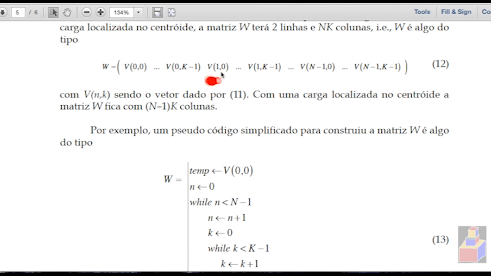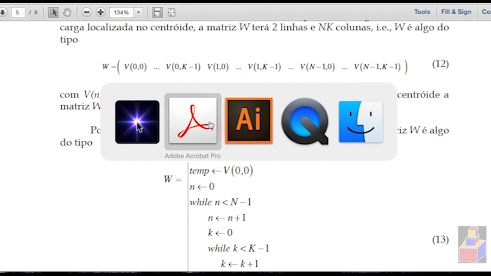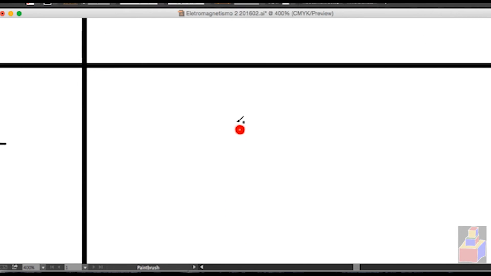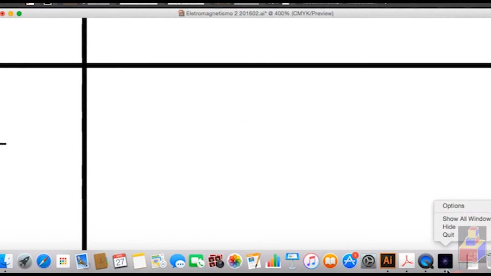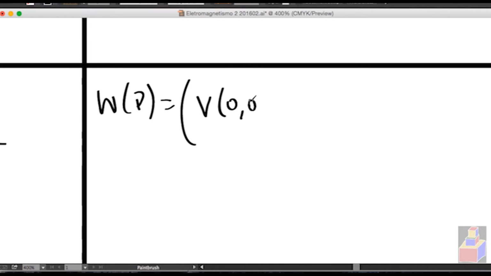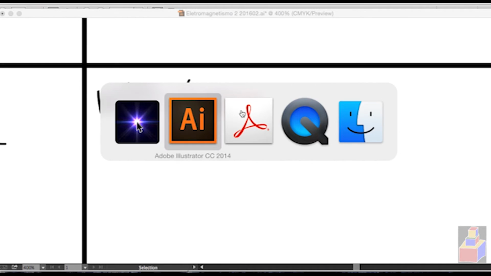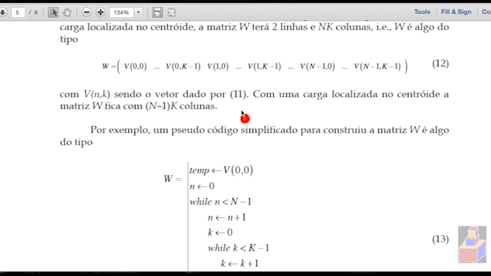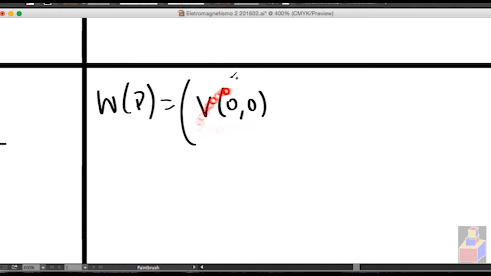Then you go to the next charge, and you have this set of initial coordinates, which correspond to an n times k matrix. We're going to have W. The first index is the nth charge.